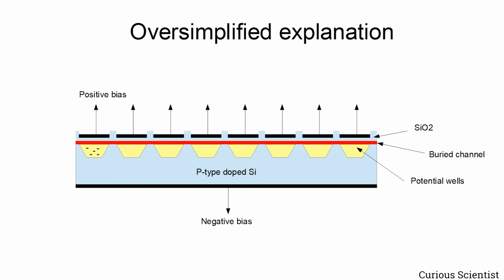So here is a very oversimplified explanation of how a CCD works, but of course I will explain what is visible on the picture. So we have carefully crafted layers of different kinds of silicon oxide and p-type doped silicon and so on. And what is happening with this silicon is that when it is subjected to light, the incident light hits the surface of this CCD, and then it creates holes and electrons.